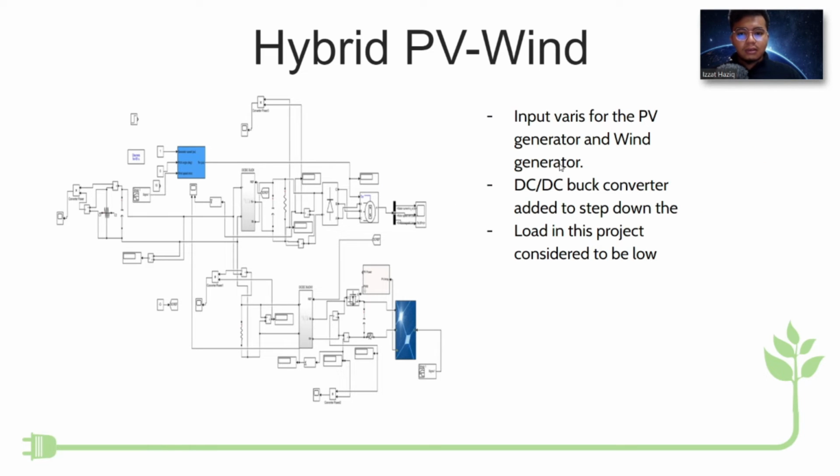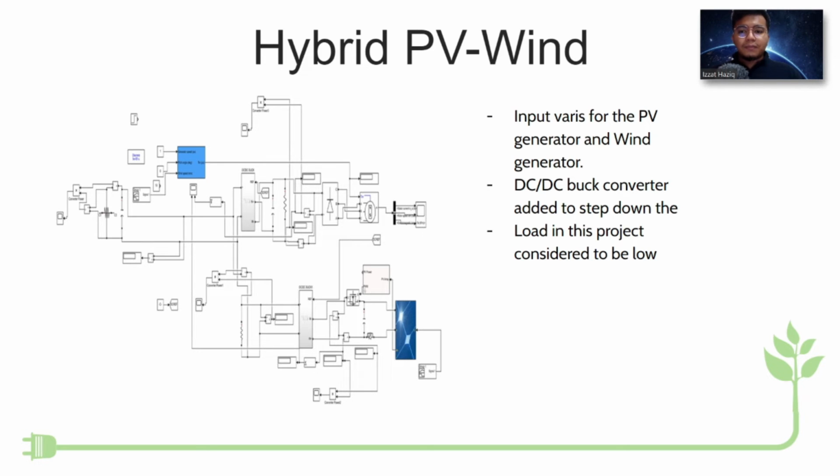In this design there is a DC-DC buck converter for both the PV and wind generator because the load that we use in this design is considered to be low, so the power needs to be stepped down.